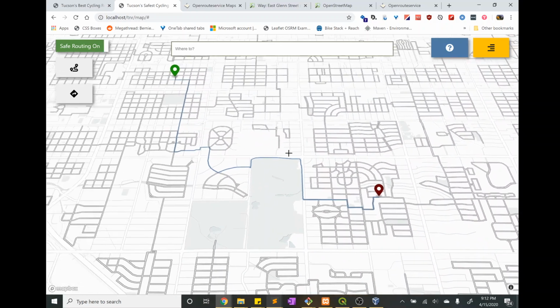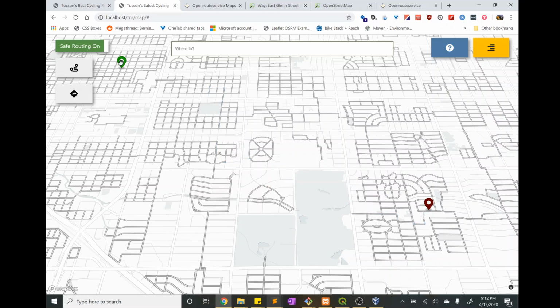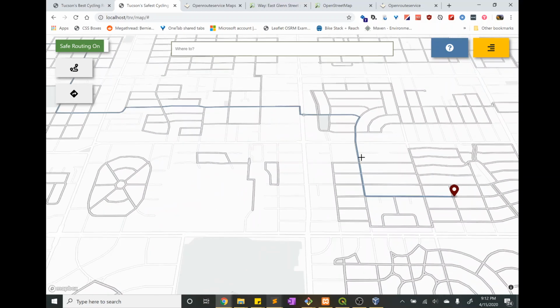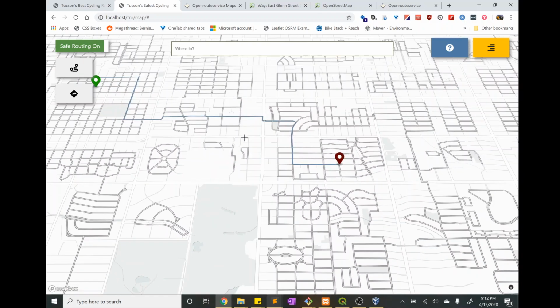And it is kind of working. Where we just started with those 2 points, it pretty much did exactly the route that I wanted it to calculate.